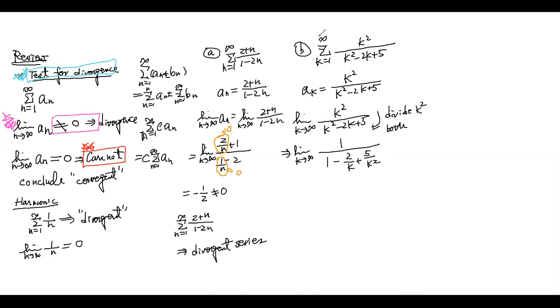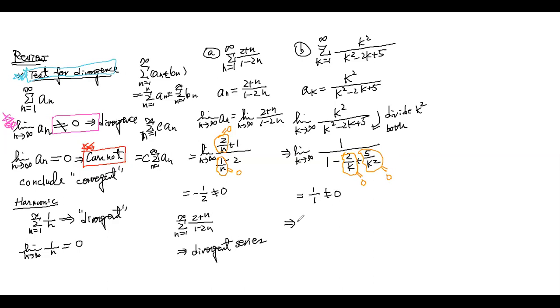Now take a look. When k gets pretty big, what happens to this term? It approaches 0. What happens to this term? It approaches 0. So what do you have here? You have 1 over 1. It's not equal to 0.